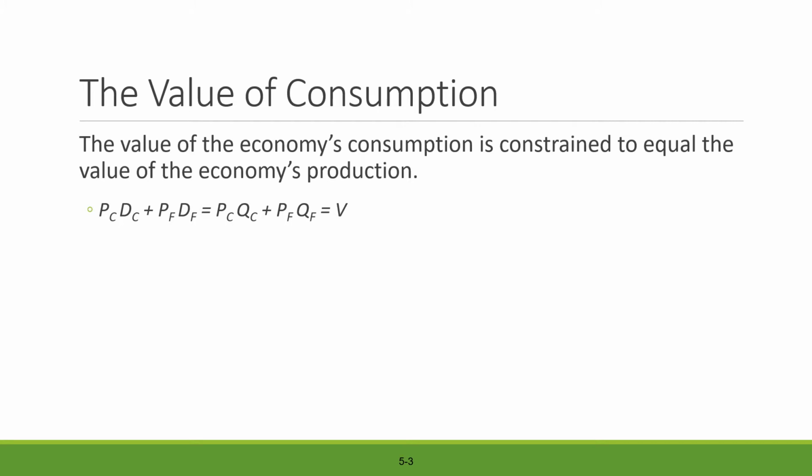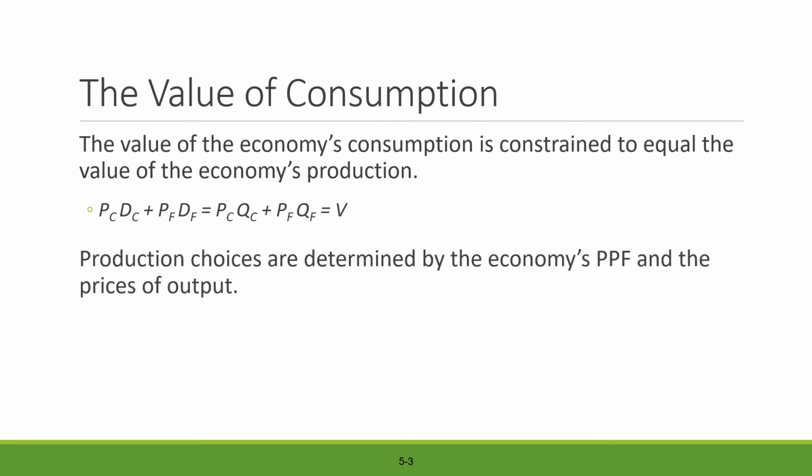PC and PF show the prices of the two commodities, whereas DC shows the demand for cloth and DF shows the demand for food. So the total worth of the demand is PC into DC plus PF into DF, and the total worth of whatever we have produced is equal to PC into QC plus PF into QF, and this is equal to the ISO value line that we derived earlier. So the equation basically means we consume equal to the value of our production.